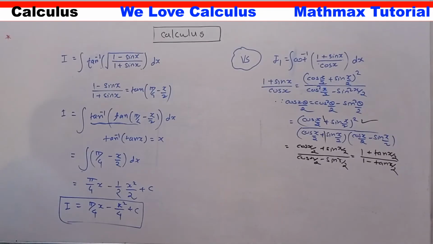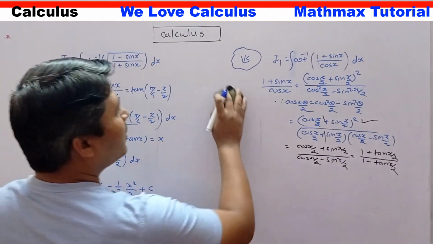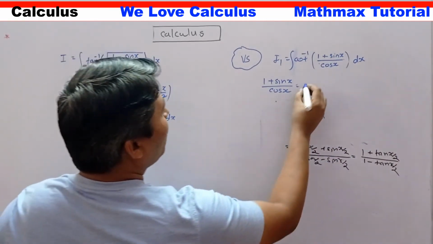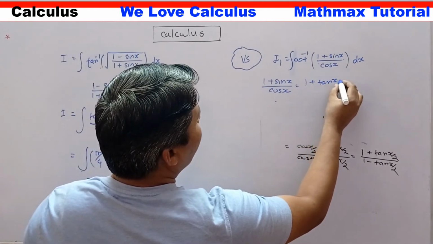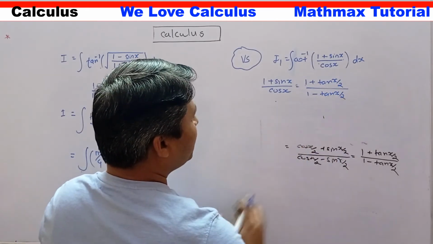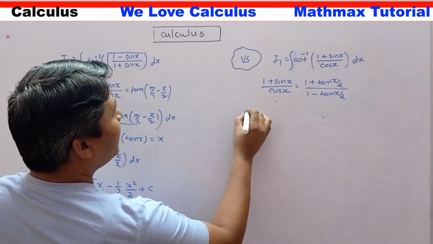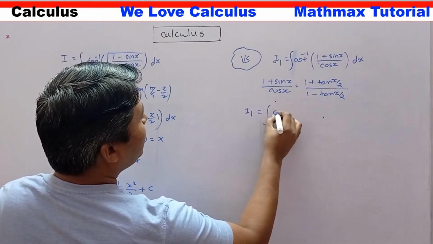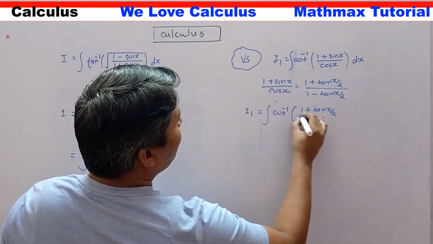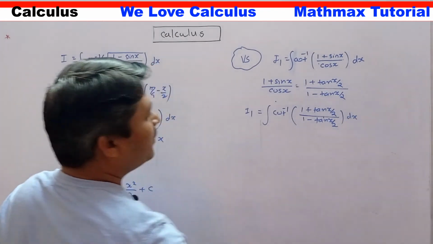Now we can simplify this term for the second integral, and we get 1 plus tan x by 2 divided by 1 minus tan x by 2. Now I1 we can integrate, and we get I1 equal to the integral of cot inverse of 1 plus tan x by 2 divided by 1 minus tan x by 2, dx.